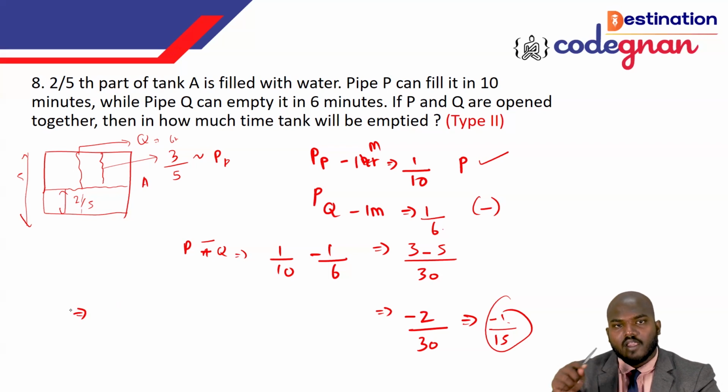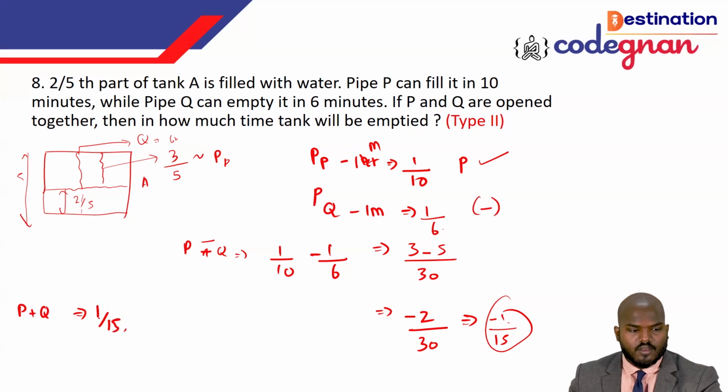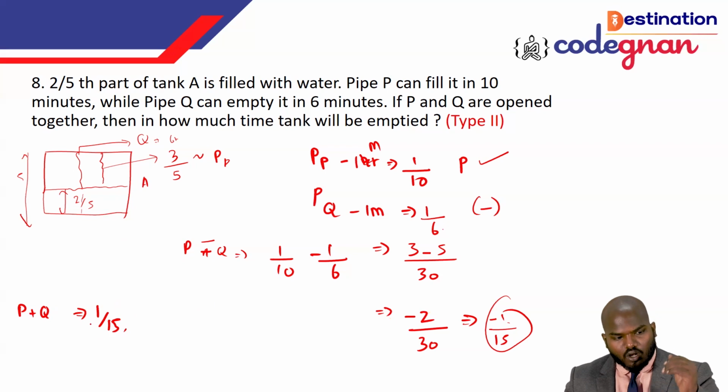If the Q pipe is emptying the whole tank, that is also considered. So P and Q combined complete 1 by 15 of the work portion in 1 hour. But Q alone empties the tank, which is the 2 by 5 portion also.